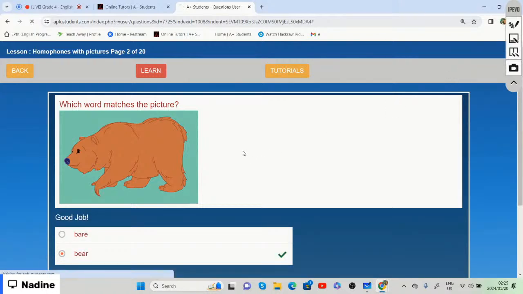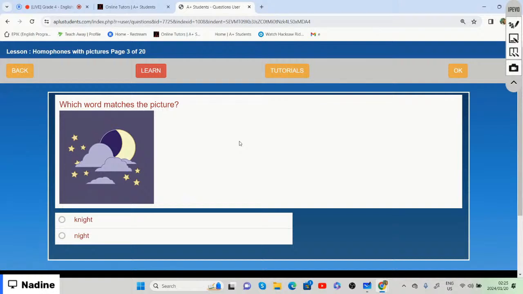All right, and bear is correct. So well done. Which word matches the picture? Is it the first option or the second option?